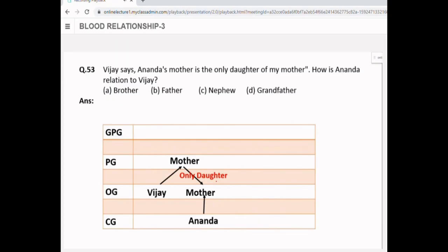How is Anand related to Vijay? Vijay and that mother down here, what is the relationship between these two?